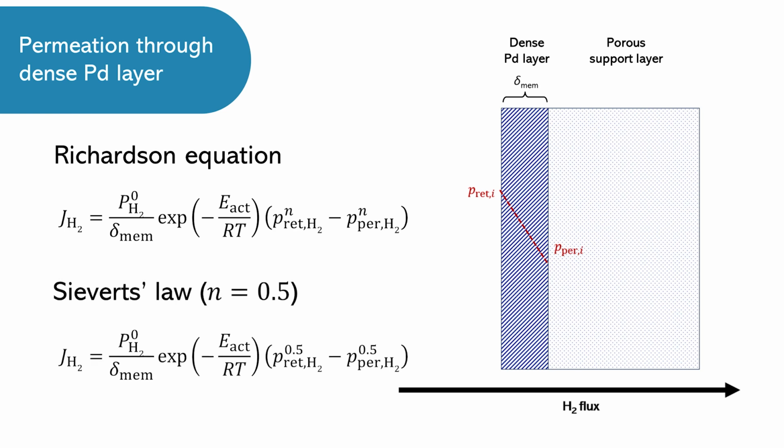Under the ideal condition of thermodynamic equilibrium between the hydrogen atoms dissolved at the membrane surface and the hydrogen concentration in the gas phase, the pressure exponent n becomes 0.5 and the Richardson equation takes the form of the so-called Sievert's law. According to Sievert's law, the diffusion of hydrogen atoms through the palladium bulk is the rate-limiting step in hydrogen permeation.